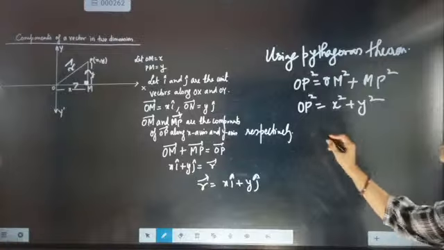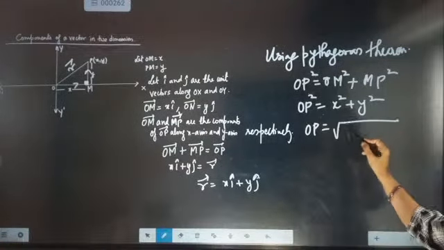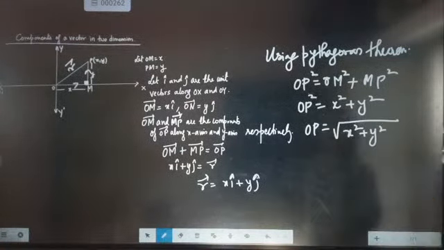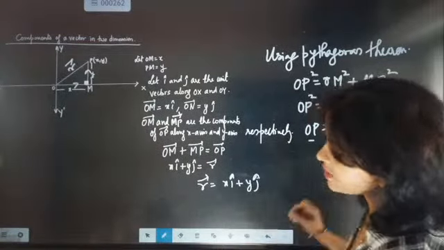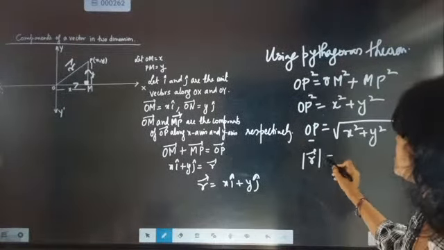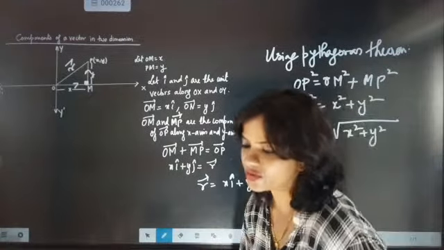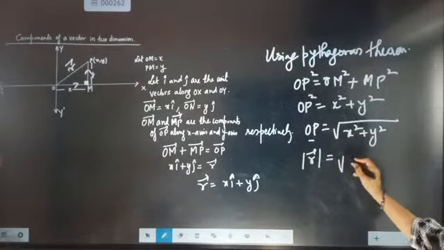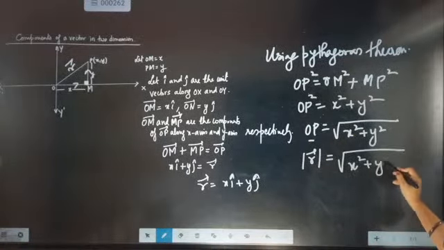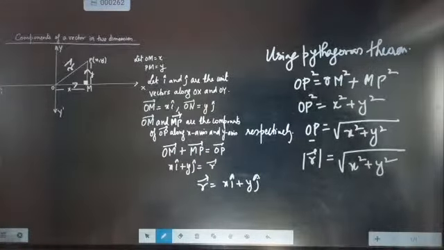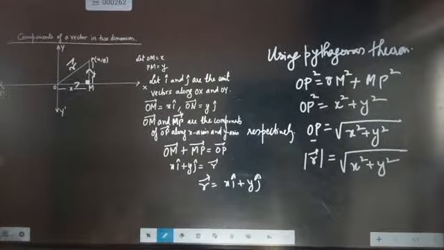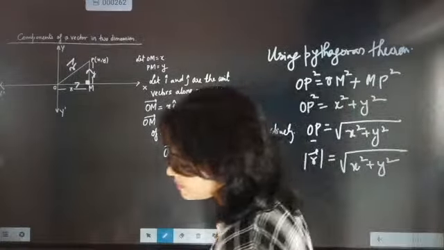OP is nothing but the magnitude of R. So the magnitude of R vector will be equal to the square root of X square plus Y square.